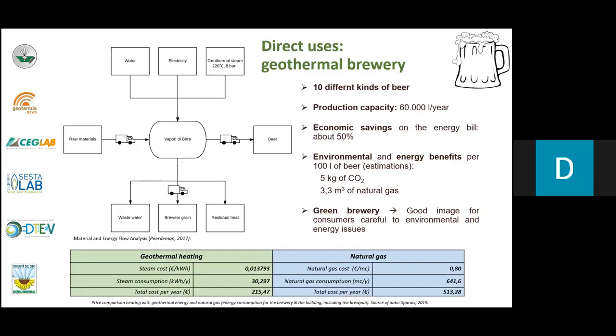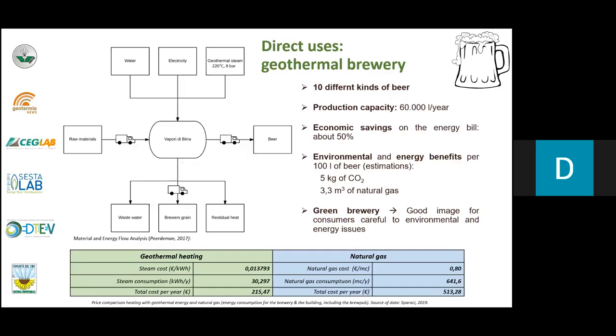And then there was another trainee of Enel Green Power, which is the company which manages the geothermal power stations, and she did similar work assessing the benefits of using geothermal energy for direct uses.